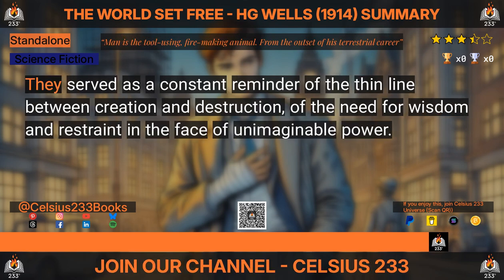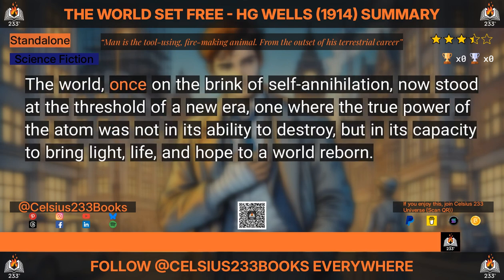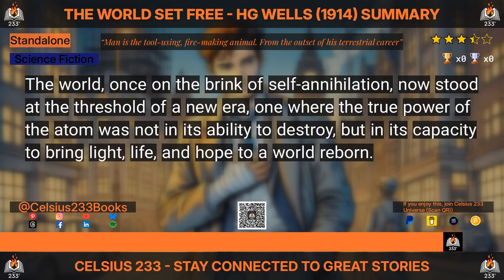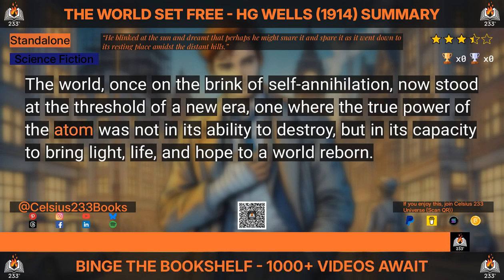They served as a constant reminder of the thin line between creation and destruction, of the need for wisdom and restraint in the face of unimaginable power. The world, once on the brink of self-annihilation, now stood at the threshold of a new era, one where the true power of the atom was not in its ability to destroy, but in its capacity to bring light, life, and hope to a world reborn.